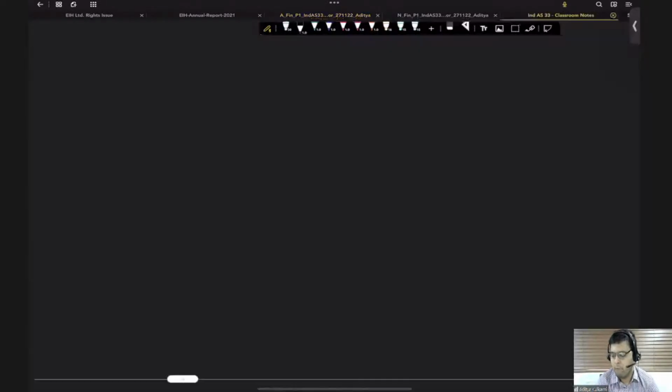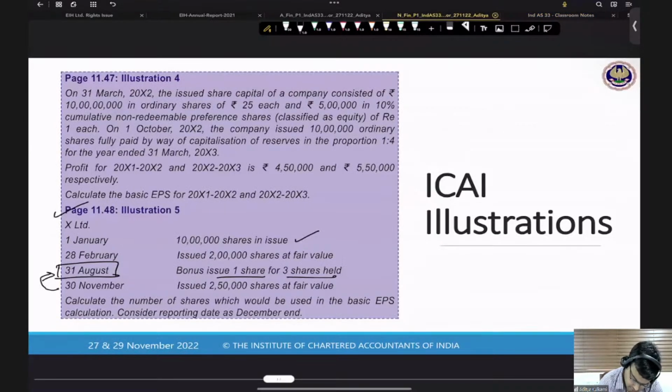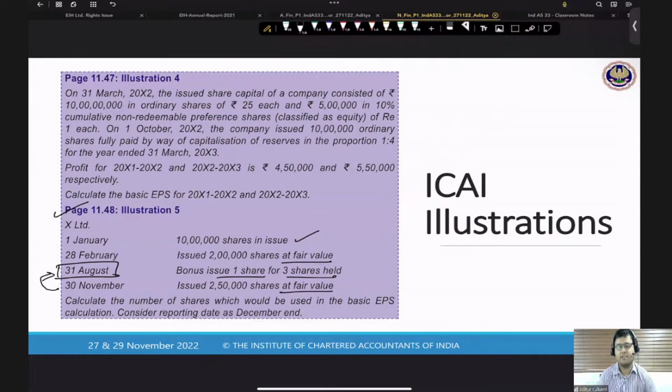Sir, bonus was an issue free of cost. In the question that we did just now, we have the statement: issued 2 lakh 50 shares at fair value. So every time fair value is coming. That means, sir, can I have an issue which is not at fair value? Definitely you can. Sir, can I have an issue at higher than fair value? Yes, you can, but nobody will subscribe. Suppose you see a share like Paytm now.